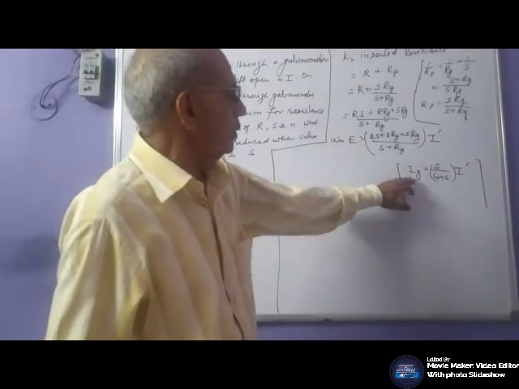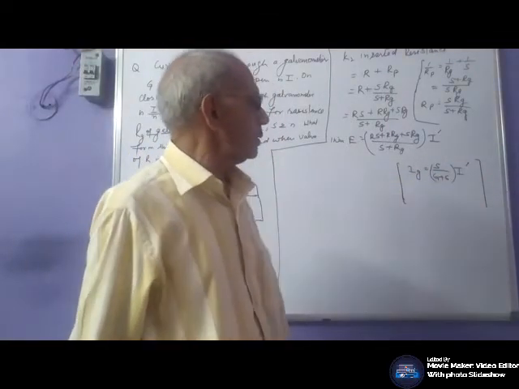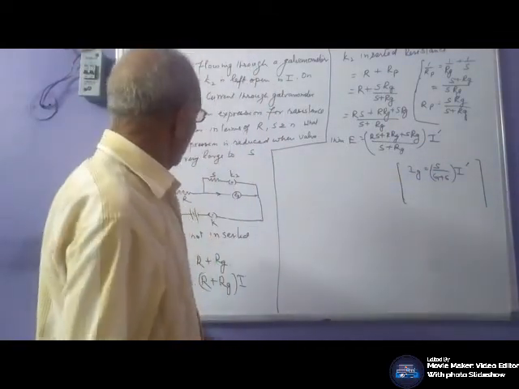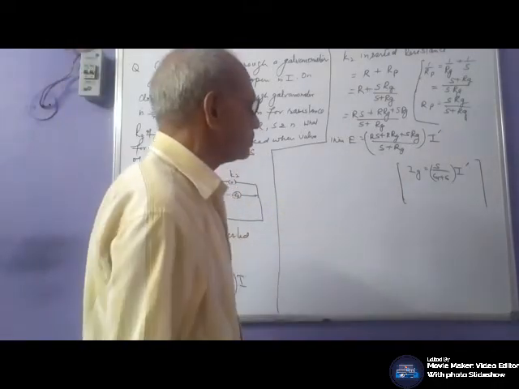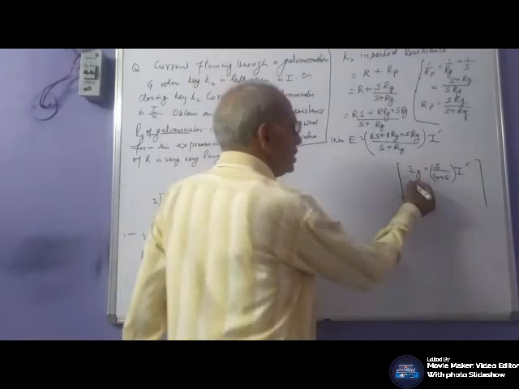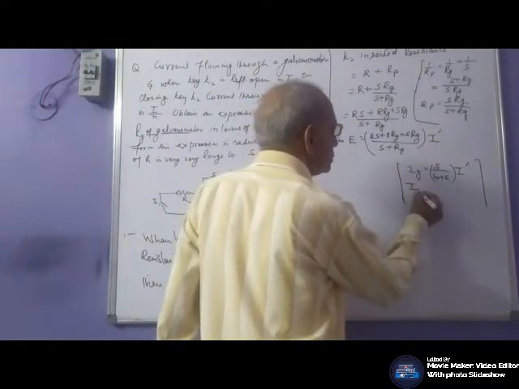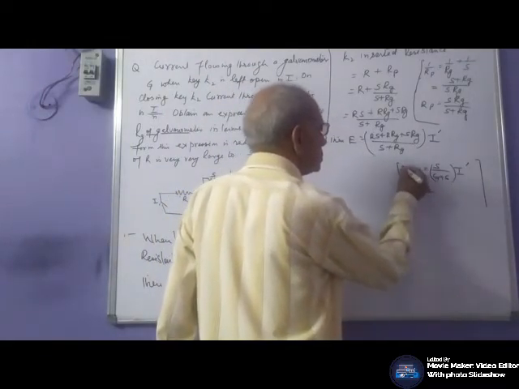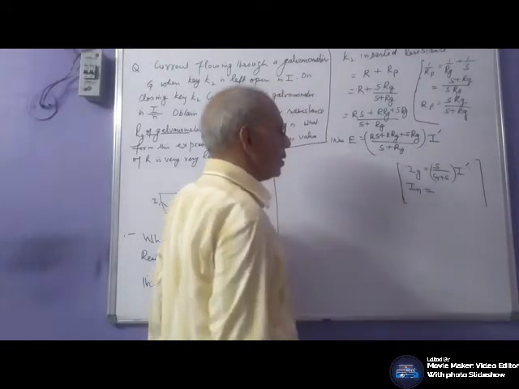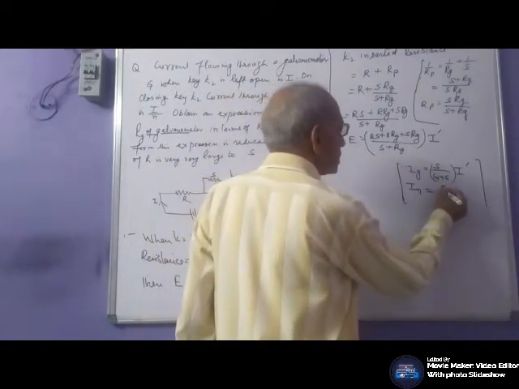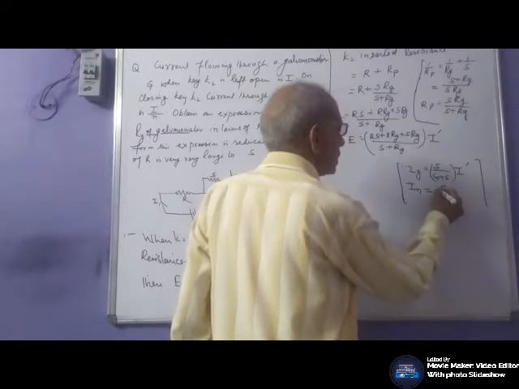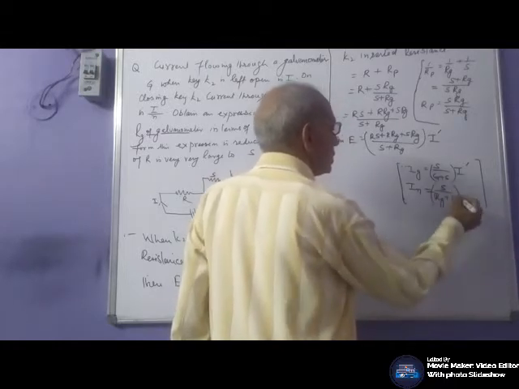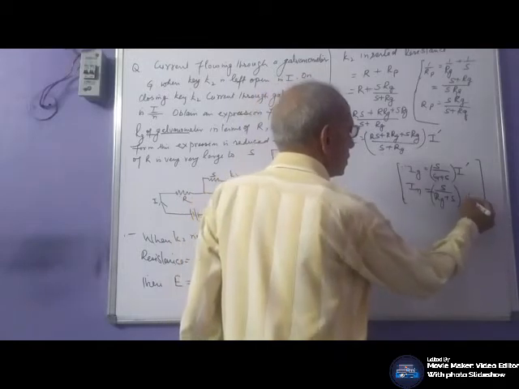Now the current in the circuit is, instead of I, it is I dash. This is I by N. S is S, G is Rg, S is S, I dash.